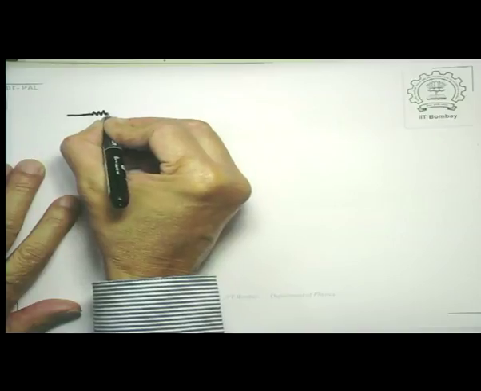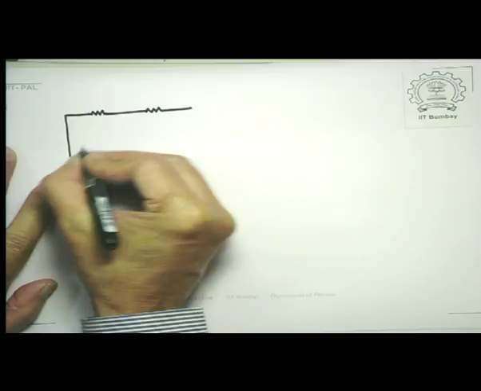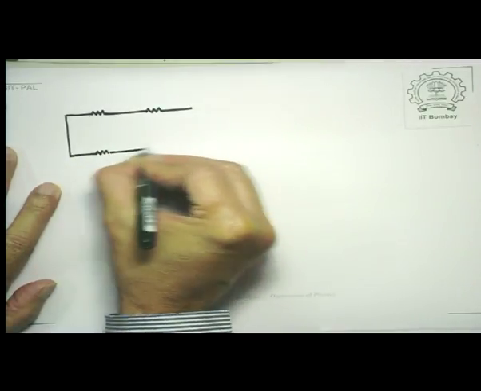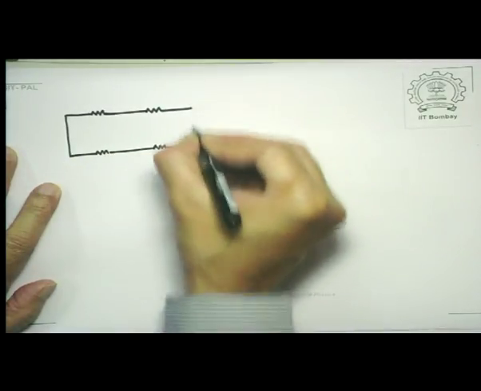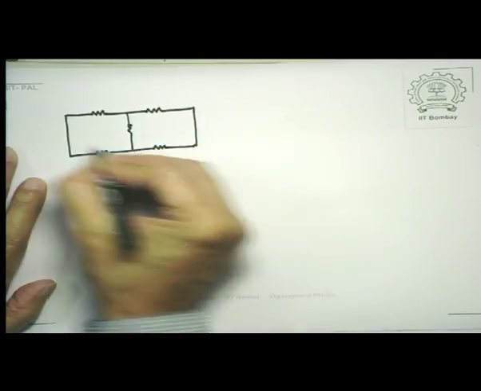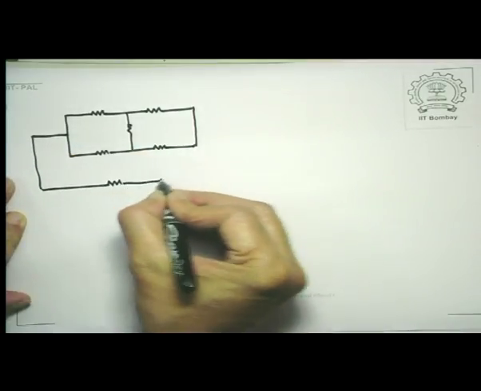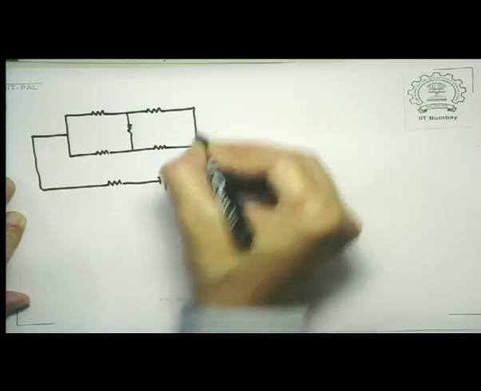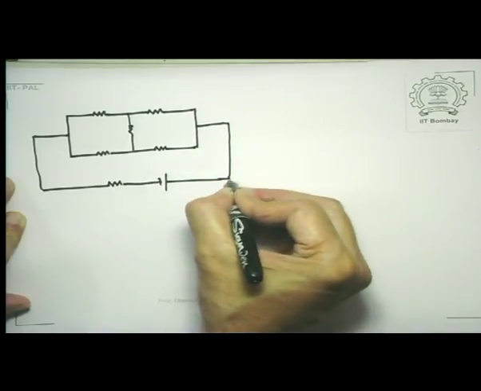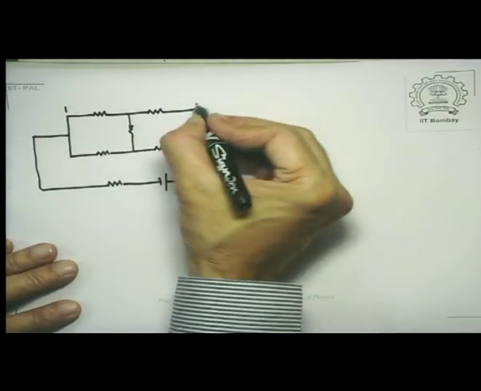So in this circuit, which let me redraw, our numberings were 1, 2, 3, 4.